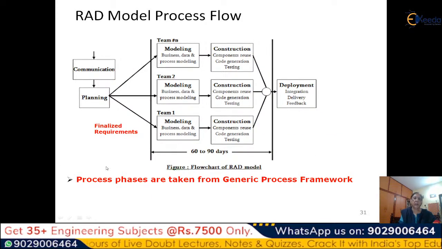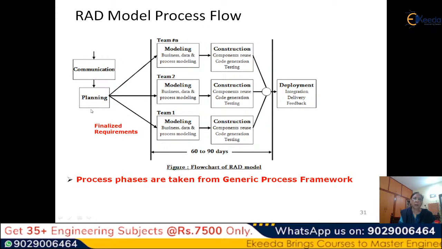In this illustration, I have shown the structure of a RAD process, which follows the generic process framework. To make it simpler, I have used the generic process framework here. So you have a communication activity and a planning phase. Then you fork into many.